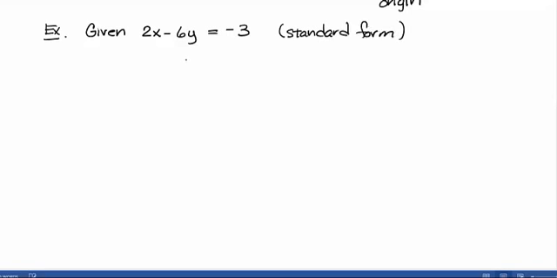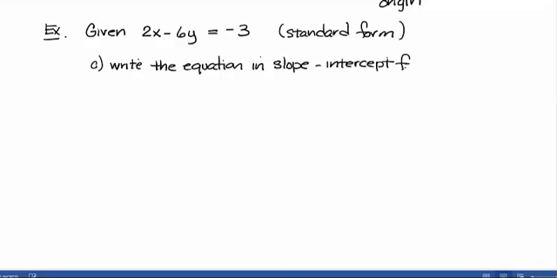If we want to find the slope and the y-intercept, the first thing we need to do is write the equation in slope-intercept form. What that means is solve the equation for y. We remember how to do all that. Basically, we want to get y by itself.